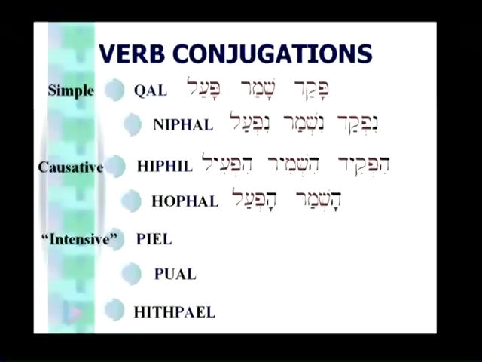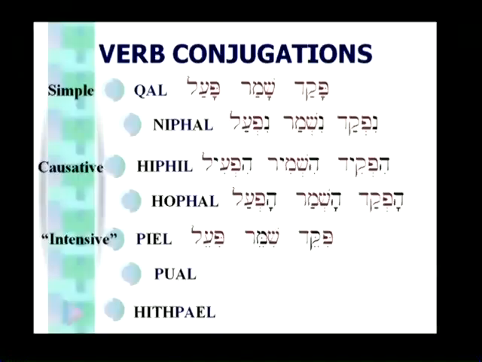Hashmer, he was caused to keep. Hafkad, he was caused to visit. And then the so-called intensives, but please don't tie yourself too much to the intensives. They're not always intensive in meaning. Pi'el, he made. Shimer, he kept.